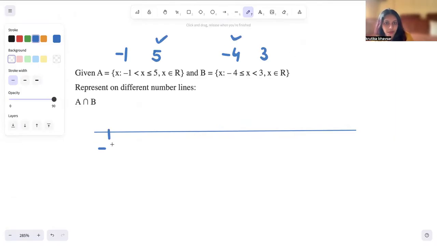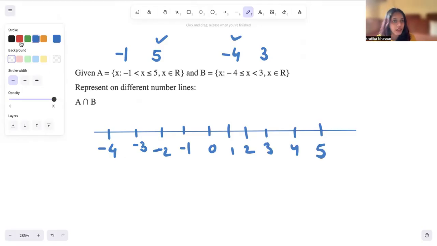So I'm going to have something like -4, -3, -2, -1, 0, and then I'm going to go all the way up to 5. I hope this is clear. Now, next, I have an equality at 5, and I don't have an equality at -1.